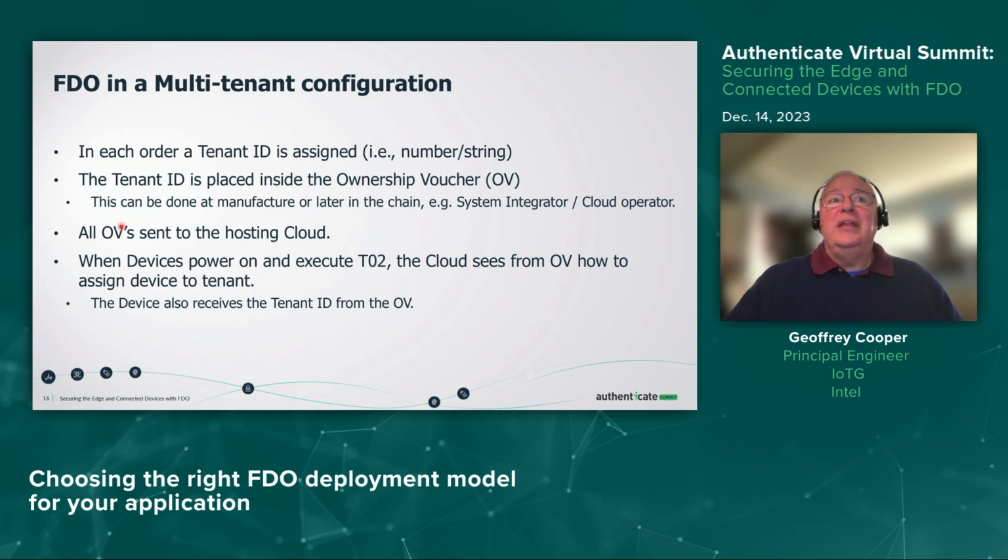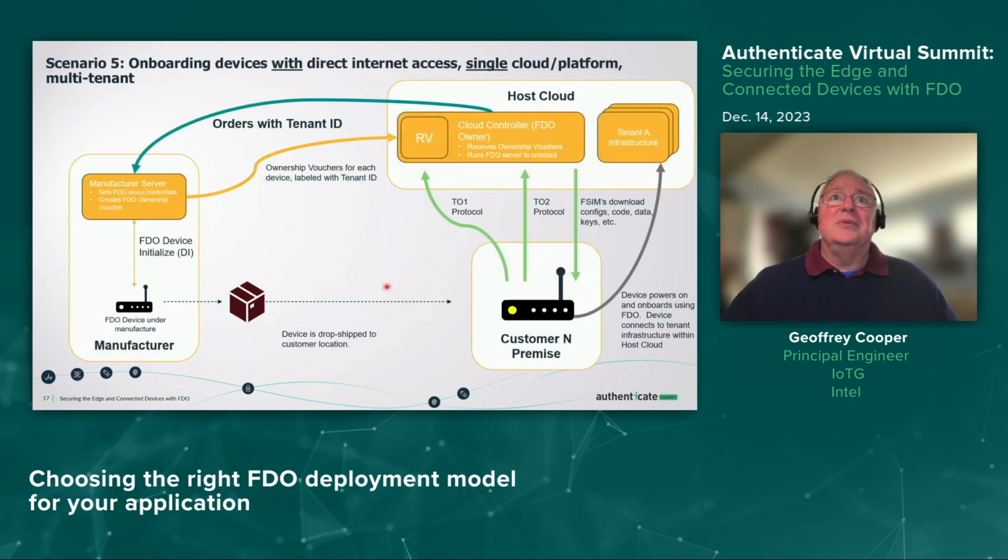But now when you read the ownership voucher, of course we've only got one multi-tenant cloud, so all of the ownership vouchers are going to be sent to the same place. So when the devices power on and execute transfer ownership 2, the cloud will see from the ownership voucher how to assign the device to a tenant, and the device will also receive its tenant ID. So here we go.